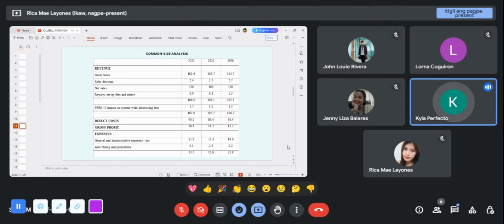Expenses, general and administrative expenses net in 2022, 11.6, in 2021, 11.6, and 2020, 19.6. Advertising and promotions in 2022, we have 2.1, in 2021, 2.3, and in 2020, we have 2.2.